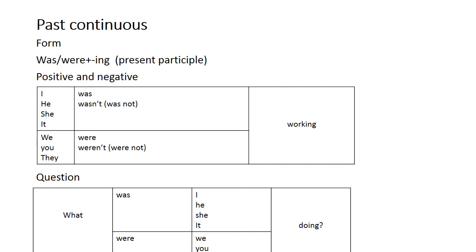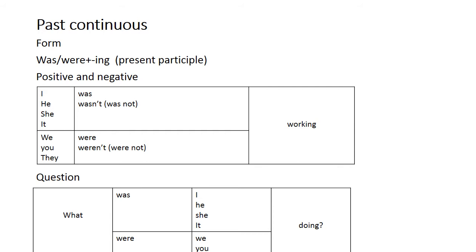If I make a question in the past continuous, we use a question word, plus was or were plus subject I, he, she, we, you, and plus verb with ing. Example, what was he doing?